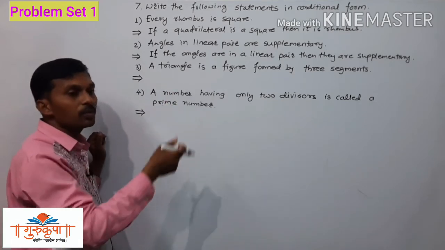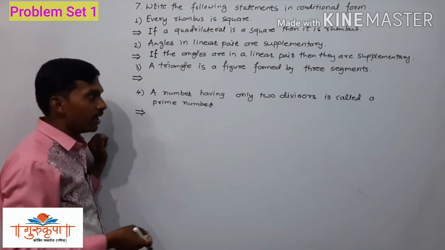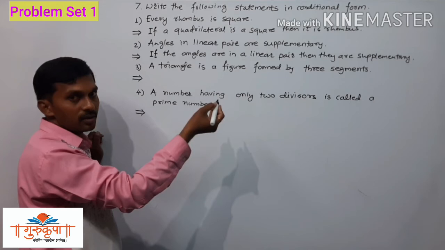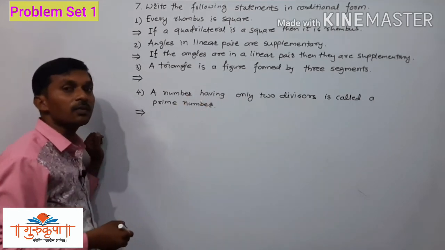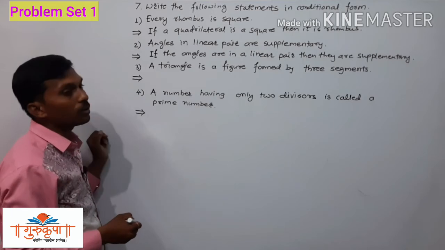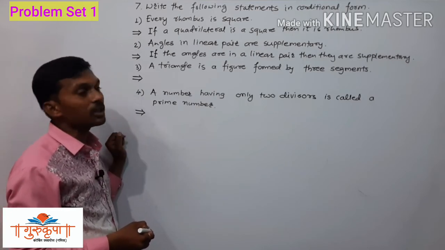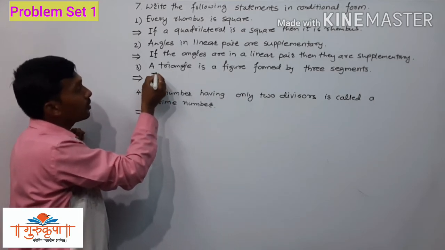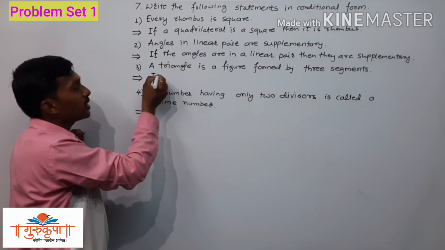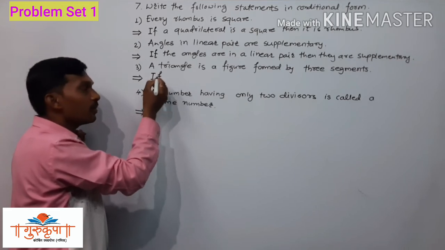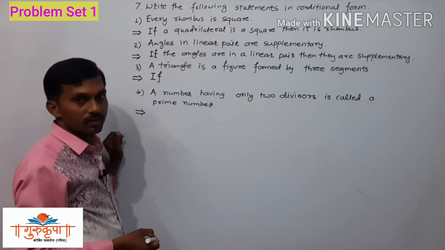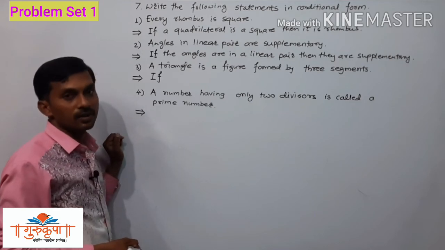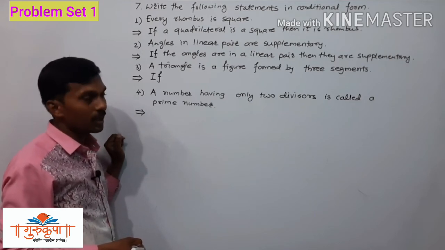Suppose we write that if a figure is formed by three segments, then it is a triangle, then it will become false, because we don't know how the three segments are intersecting each other.